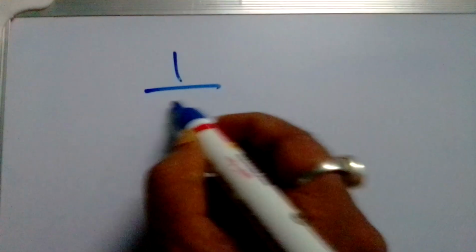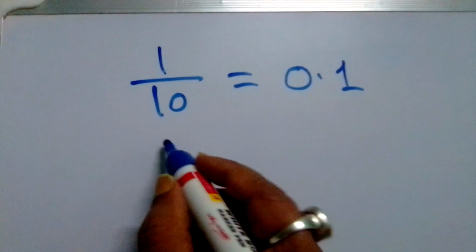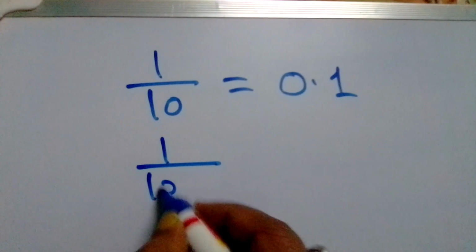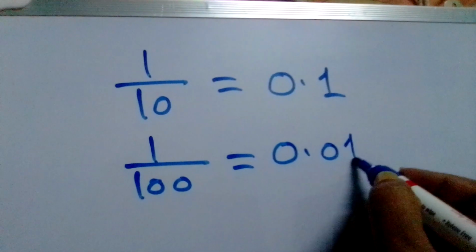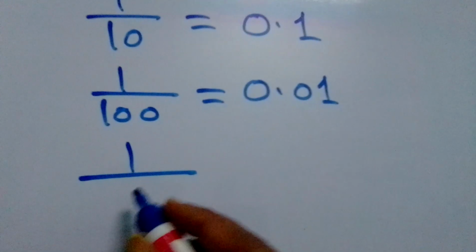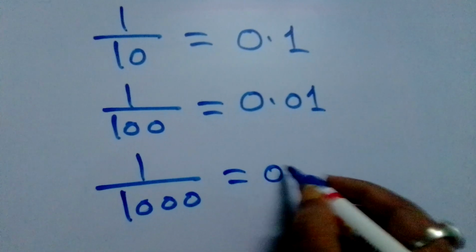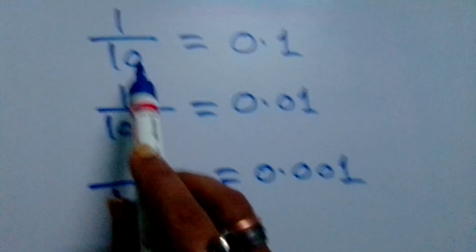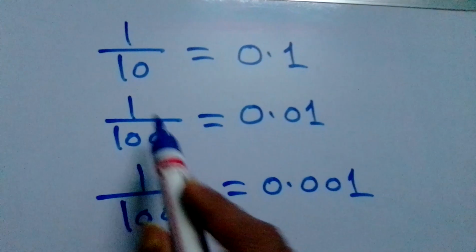Suppose we write 1 by 10, and that will go to 0.1, and 1 by 100, and that will be 0.01, 1 by 1000, that will go to 0.001.